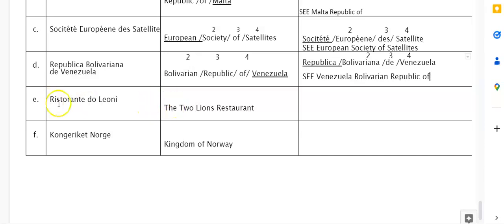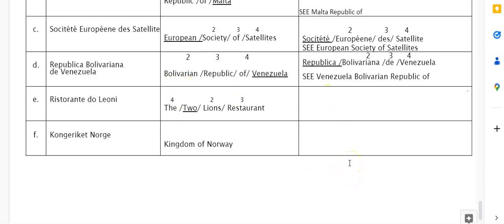Okay, here we have the Two Lions Restaurant, which is a business name. And remember, as we learned a few weeks ago, that if a business name begins with the word the, it's the last unit. And so that means the word two is our key unit. That would be unit 4. Lions is unit 2. Restaurant is unit 3.